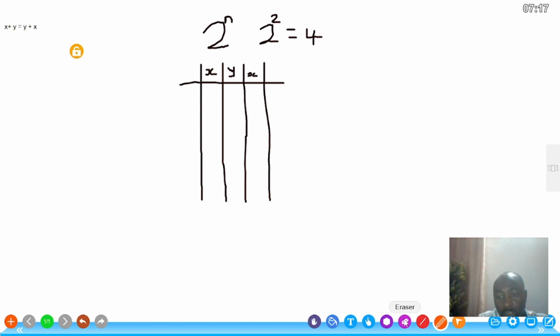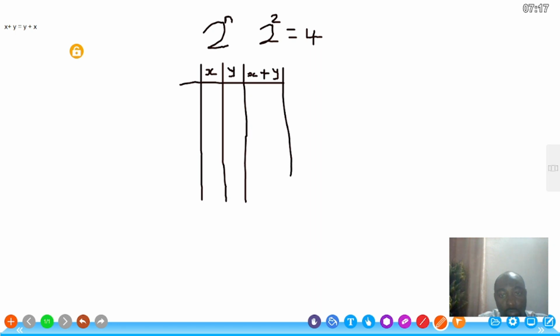So let me clean this so that we can have a perfect representation of the solution. So x, y, and we are going to need x plus y at the third column.